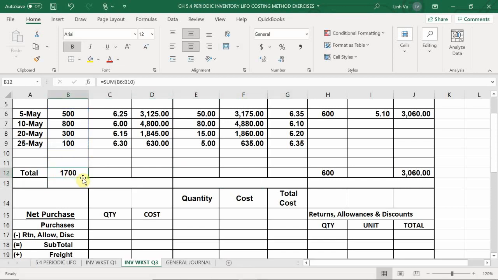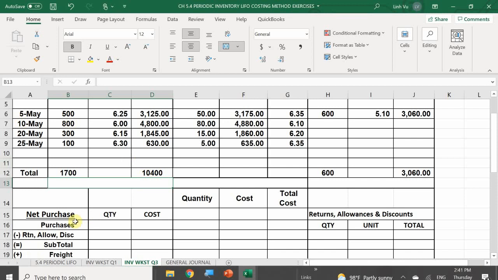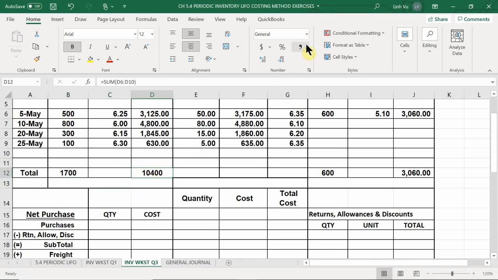What is my total purchase price? $10,400. What was my total freight? $150, to give me a grand total cost of $10,550.